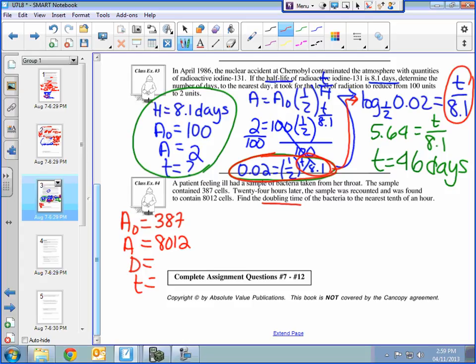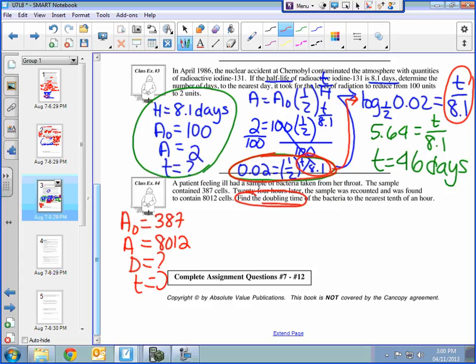If I'm finding the doubling time, what am I looking for? Doubling time, is that D or is that T? D. So you're looking for D. Okay. 24 hours later, will that mean my T?